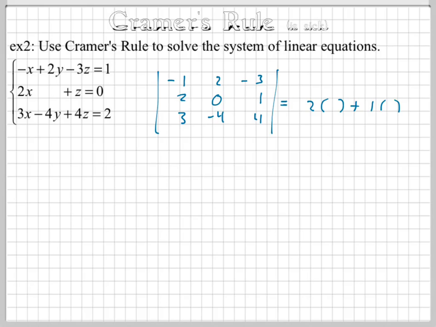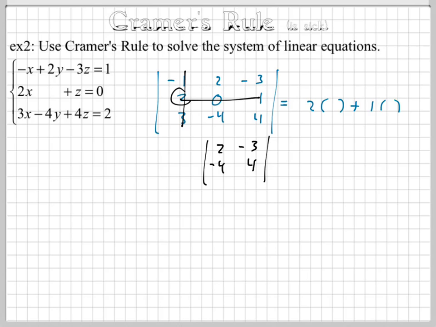In fact, since we're using the middle row, let's just cross it out because we're not going to use that at all. And for 2, the first column gets crossed out, so we have the 2, -3, -4, and 4. And we have to find the determinant of that. Can you guys tell me if the sign is going to change?